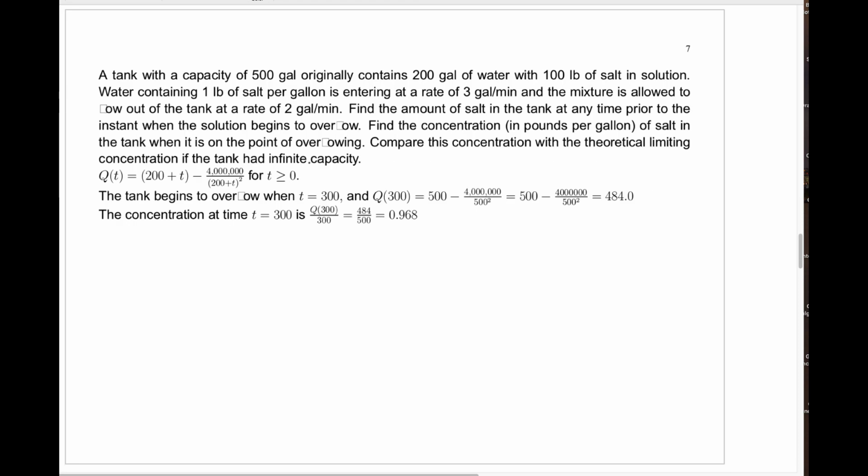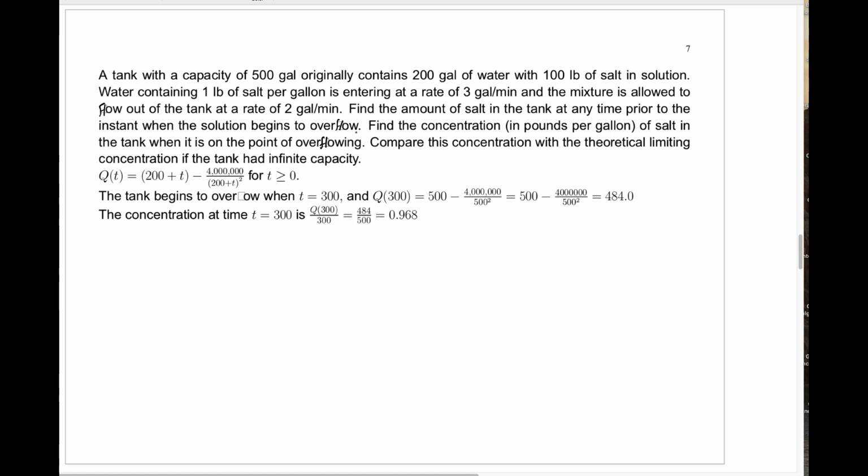Now, in order to really answer the question correctly, we should go back, read the question again, and make sure we're answering each question that's asked. The question says, find the amount of salt in the tank at any time prior to the instant when the solution begins to overflow. There's a little problem here in the printing of this slide.